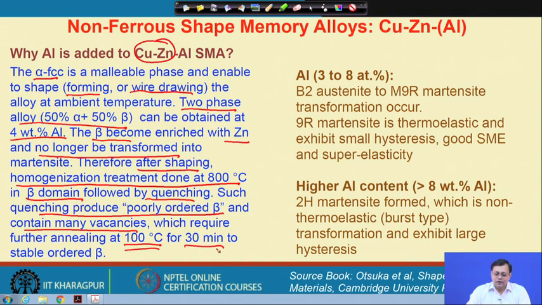Now, there are definitely some advantages and disadvantages of this system. However, people mostly prefer adding aluminum in the range of 3 to 8%. Here a B2 austenite, which is the beta structure, transforms into a modified 9R type of martensite, and this 9R martensite is thermoelastic in nature.